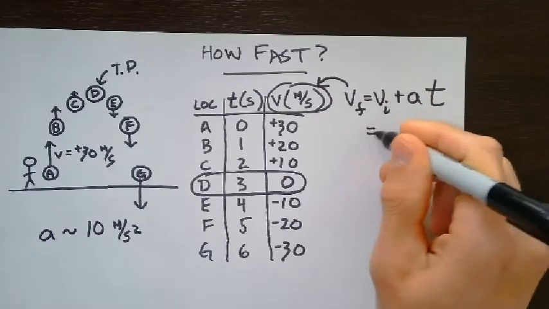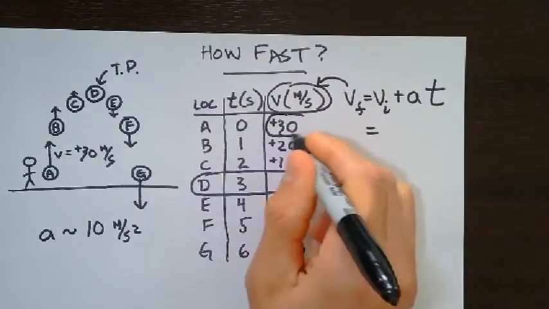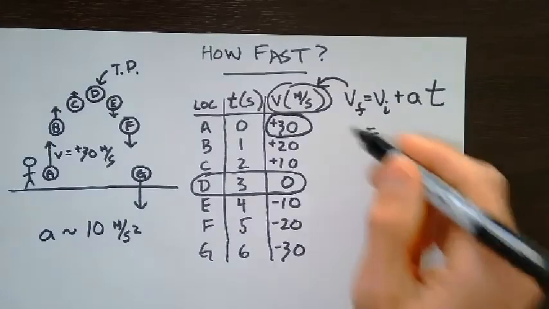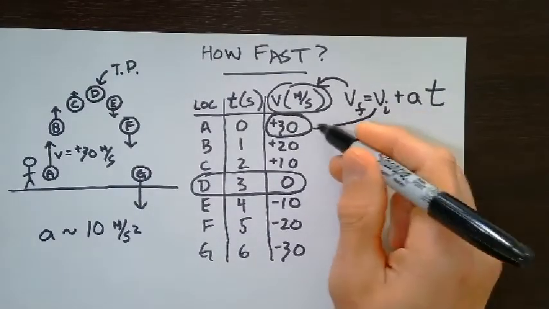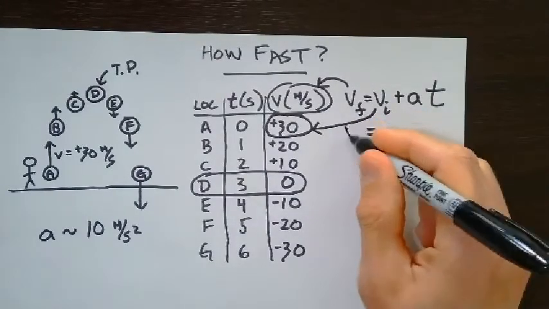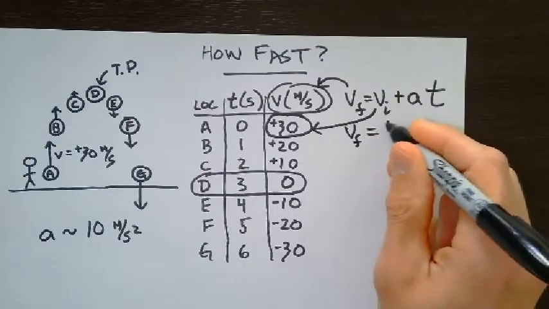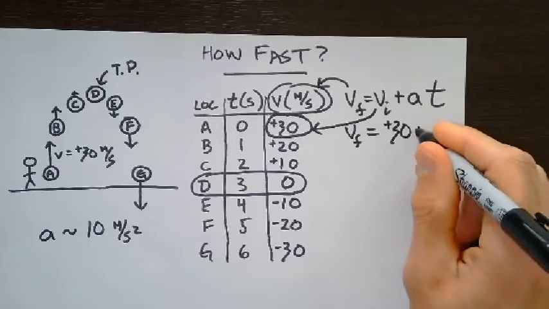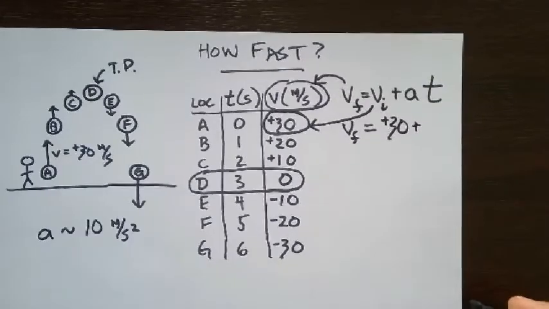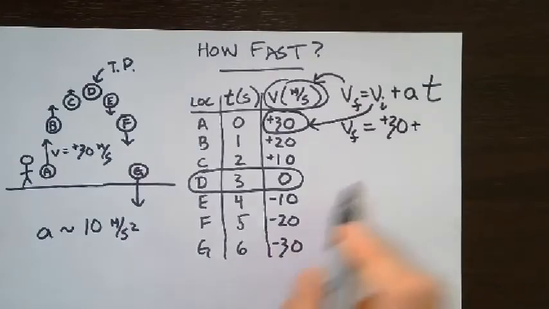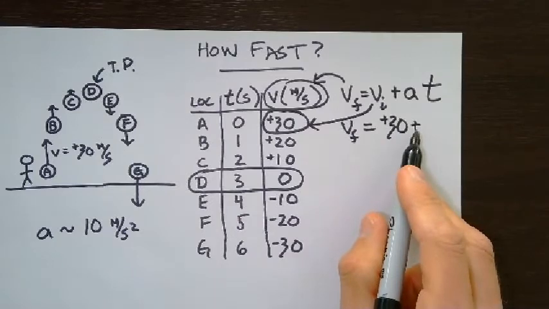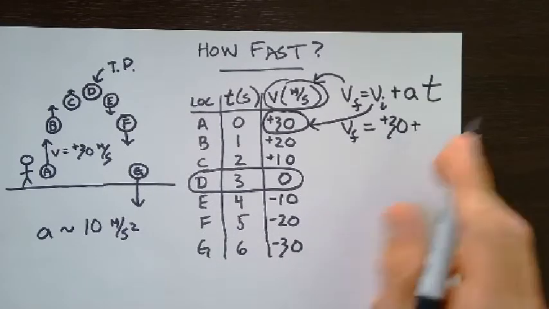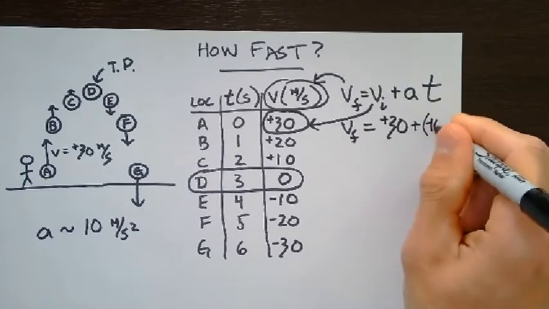And in this case, the V initial is going to be the 30. So what we're using is V final equals 30 plus acceleration times time. And as we mentioned, the acceleration is 10, but our coordinate system is going to make us choose negative 10.